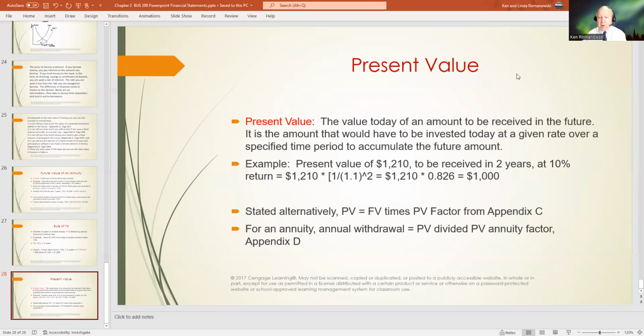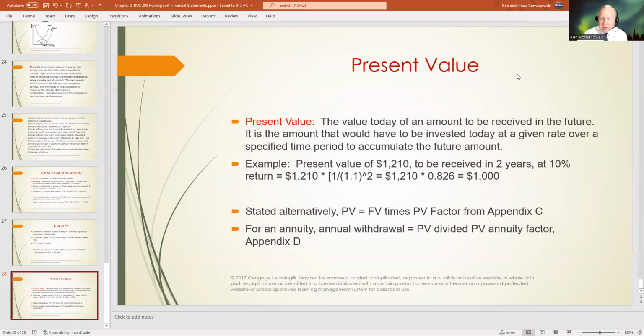So for example, the present value of $1,210 to be received in 2 years at 10% would calculate out to the formula that you see right there. So $1,210 in 2 years is worth $1,000 today, because again, we're taking the $1,210, but that's a future value.